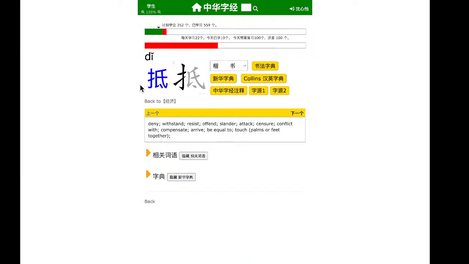D. This D means to deny, withstand, resist. It also refers to offend, slander, censure, conflict with. It refers to compensation. Basically, rising up against an opponent should be relatively equal.